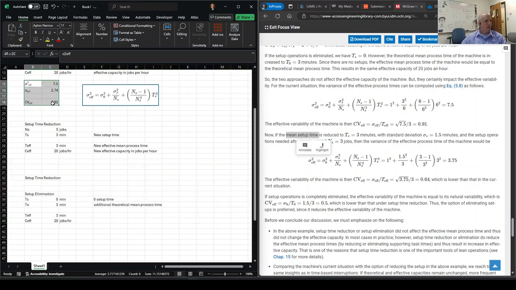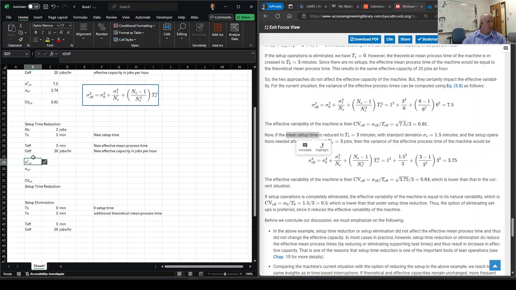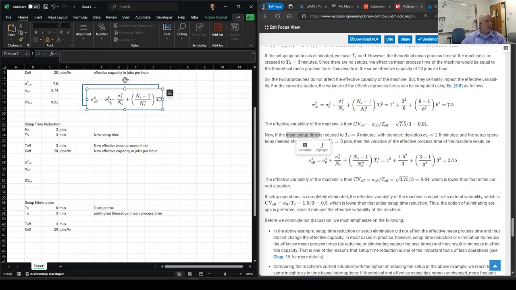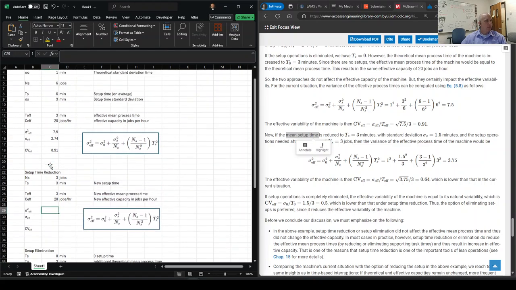So we'll copy these cells down here. And we'll do the calculation again. We'll use the same formula, but this time we're going to take into account a little bit different inputs for this setup time reduction scenario.